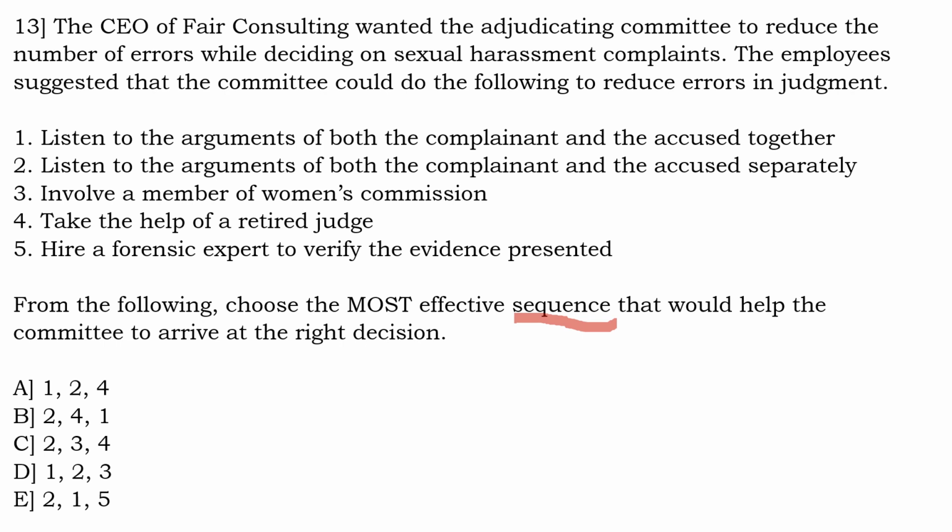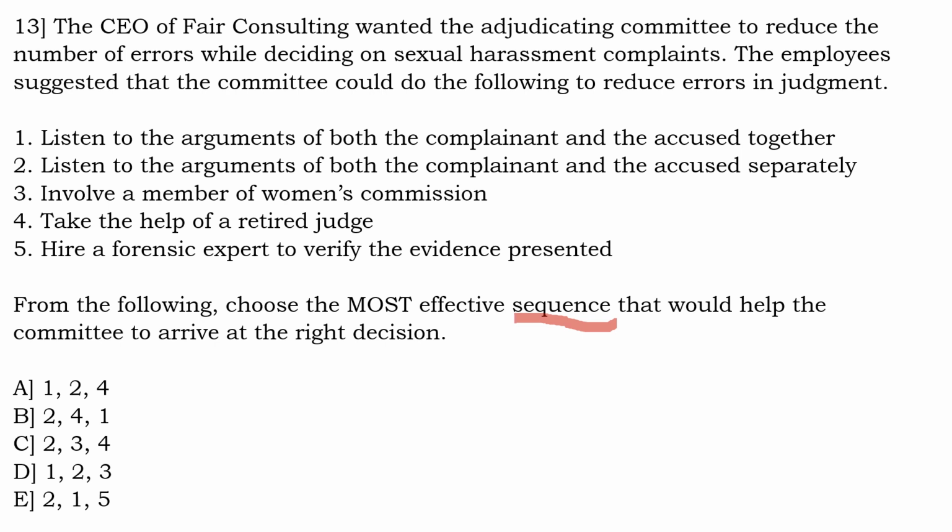So the strategies in statements 3 and 4 will come only after you implement the strategies in statements 2, 1 and 5. So 2, 1, 5 will be the correct option regarding the sequence that is going to be most effective in making an error-free decision by the committee.